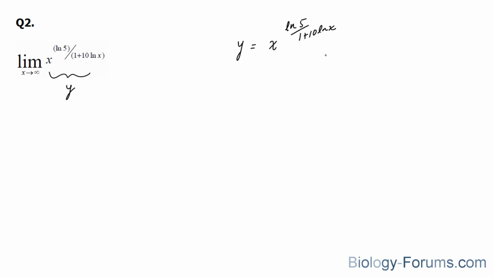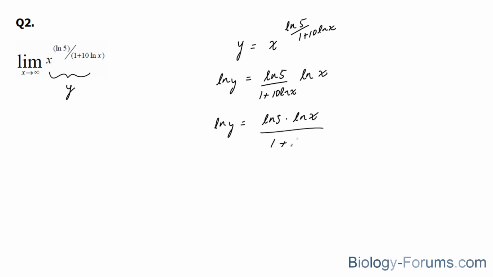We're going to take the ln of both sides, which leads us to ln y is equal to ln 5 over 1 plus 10 ln x, times ln x. Next, I'm going to rearrange this where we have ln y is equal to ln 5 times ln x over 1 plus 10 ln x.